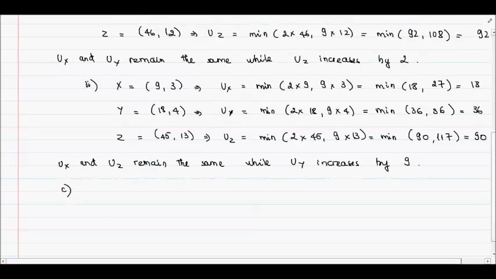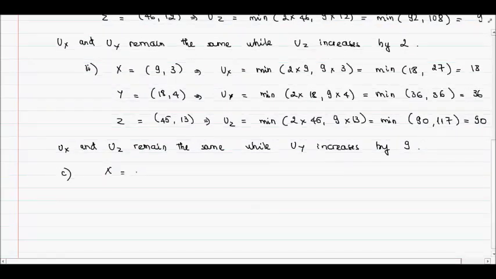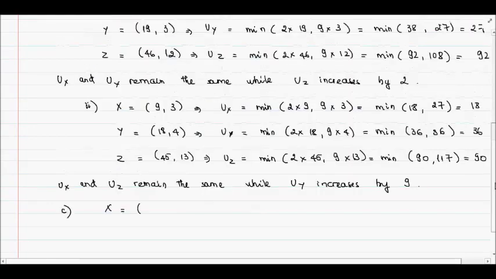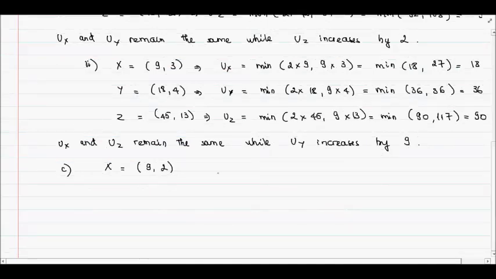So we are going to use bundle X, the original one, which includes 9 units of bread and 2 units of cheese. The utility of this is 18. Now as more and more bread is added while the cheese amount remains the same, how is that going to change the utility?